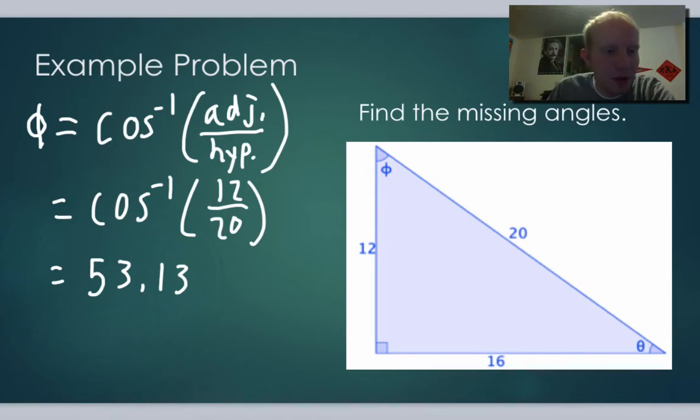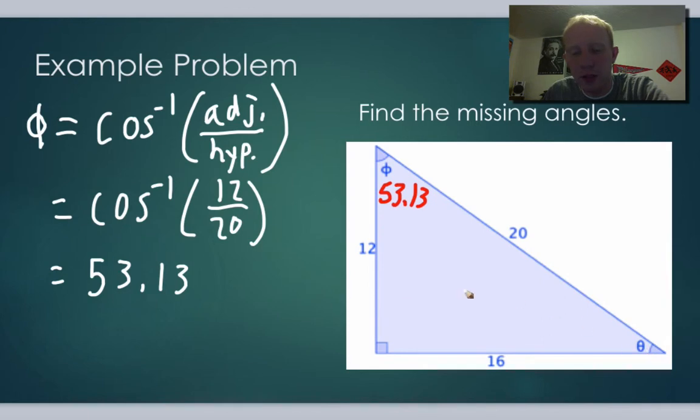So this guy right here is 53.13. Okay, now there's two ways to find this angle that's left over. You could either use triangle sum theorem that says all the angles add up to 180, okay, to find that angle, or you could just do another trig ratio. Okay, let's just do another trig ratio for this case.